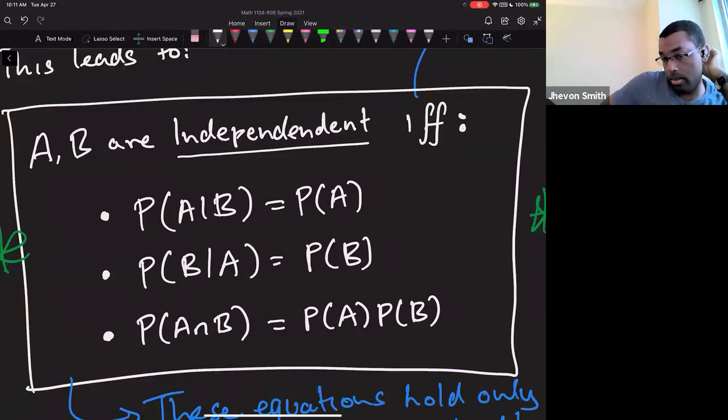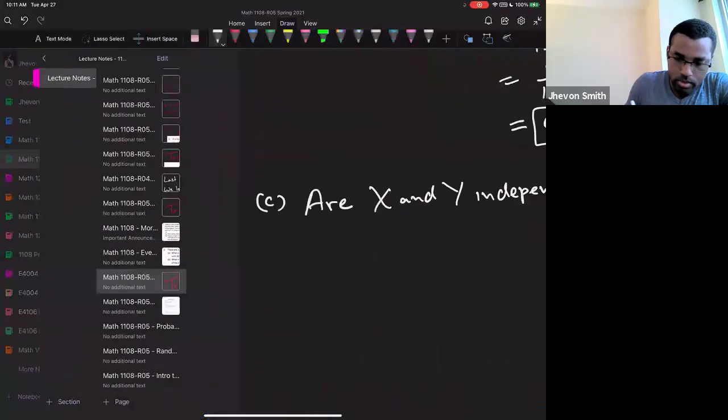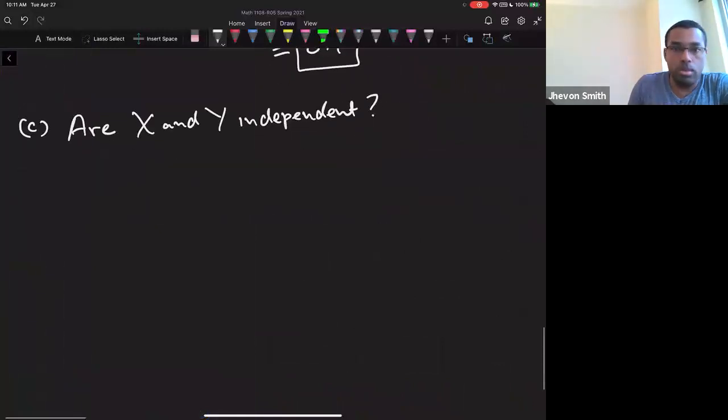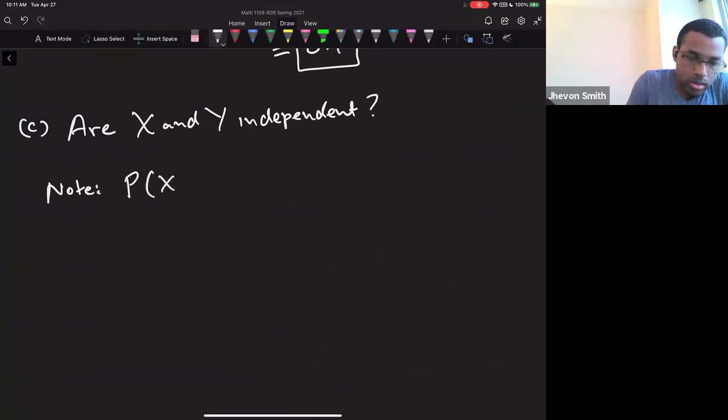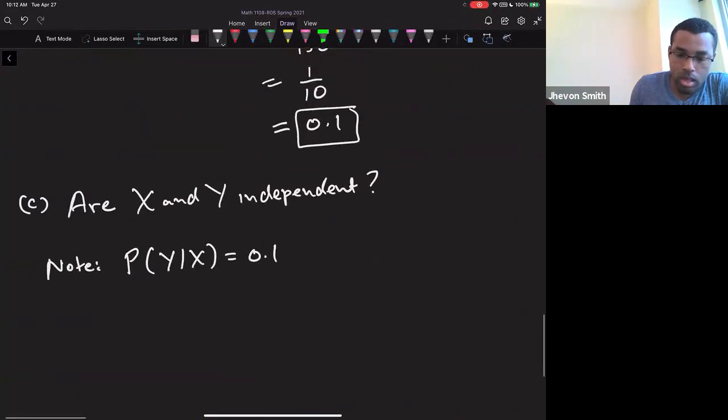Notice that the first one, probability of A given B equals the probability of A, is one way to know that something is independent. If B already occurred, has no change in the probability of A occurring, then that means they're independent. So what we can notice here is the probability of Y given X is 0.1.